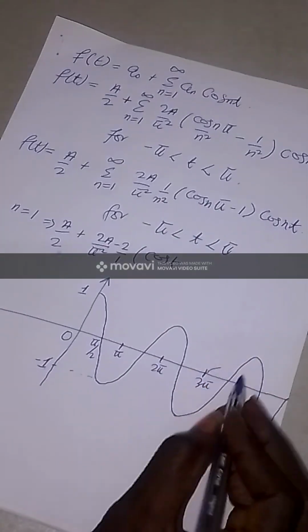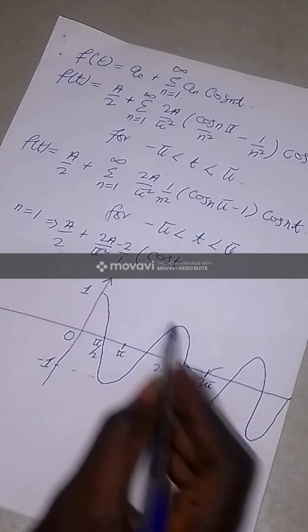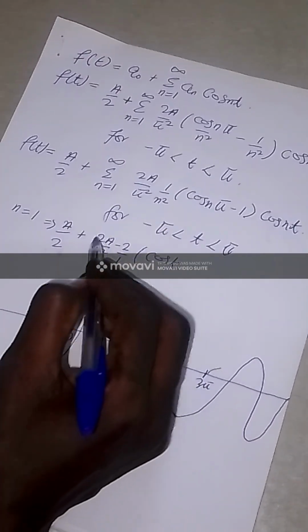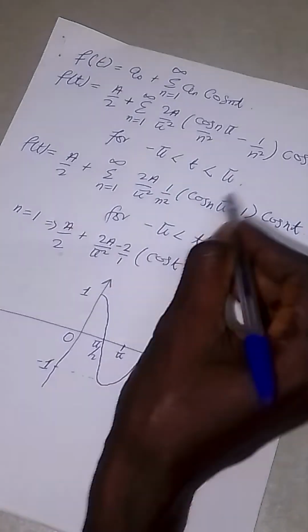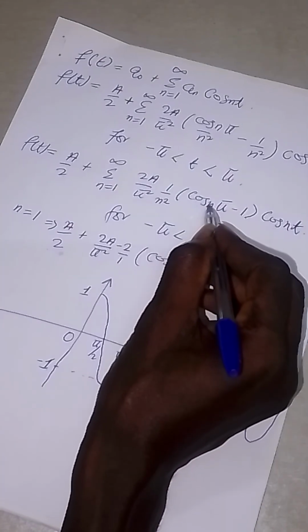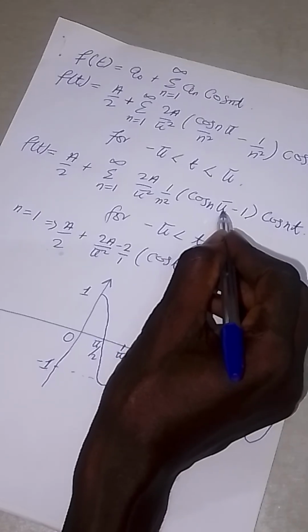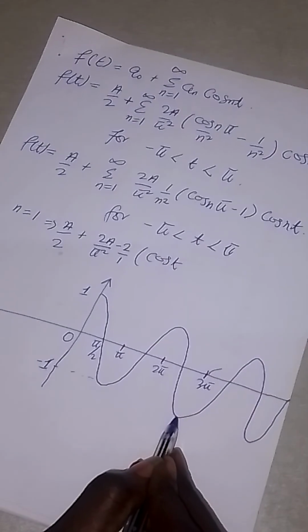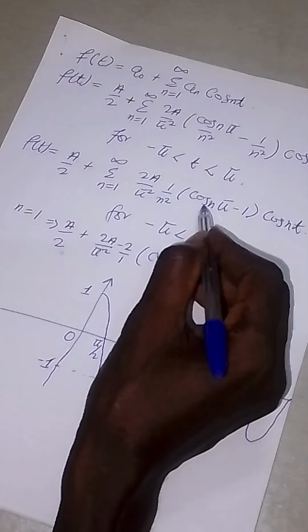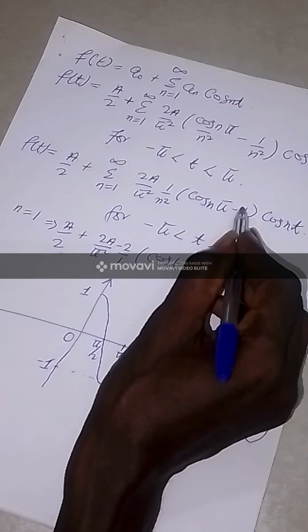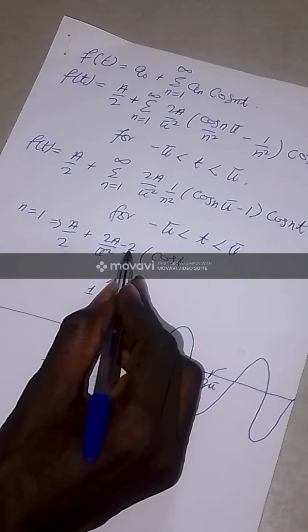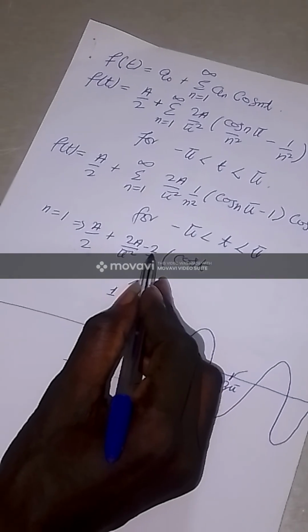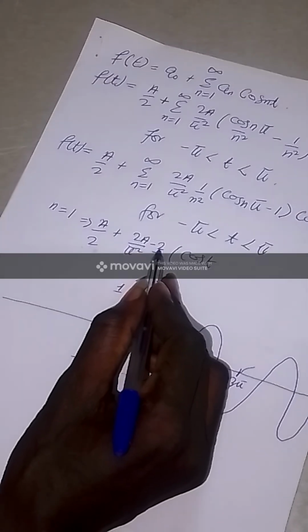Let me come again. If I put n equals 3 here, that means that I'll have cos 3 pi. And cos 3 pi, the value is minus 1. If I put minus 1, I'll have minus 1 minus 1, that will be minus 2, just as I had for 1 when I put 1 there.